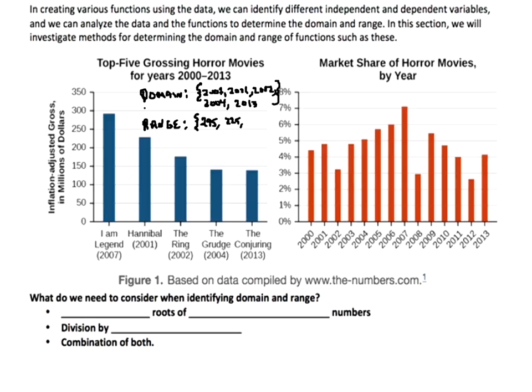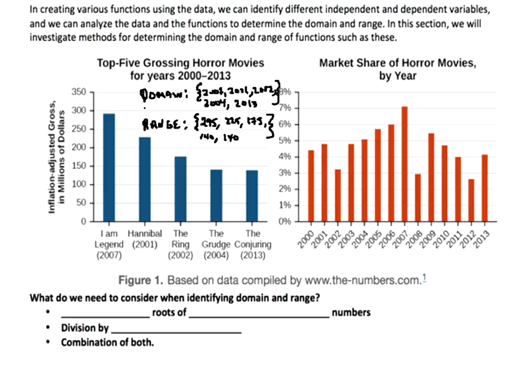The Ring looks like about 175. The Grudge, maybe 140. And then The Conjuring looks about the same, 140. So separate, distinct points.